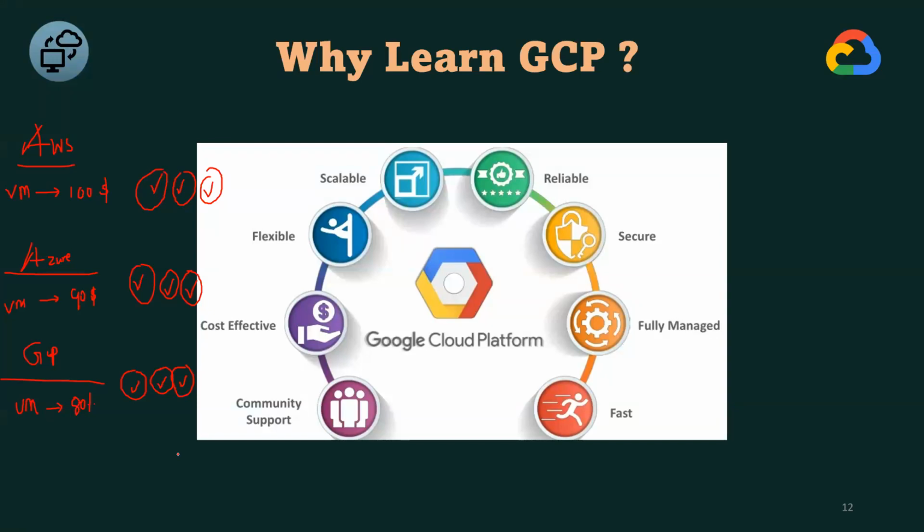One more important aspect is why companies are choosing GCP for data engineering or big data related activities. GCP, Google Cloud Platform, is very, very famous for big data and data engineering activities. The services that Google Cloud provides are far better than AWS and Azure.